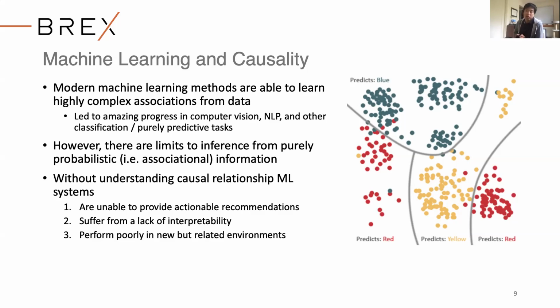And this is what's led to a lot of the amazing progress that we've seen in computer vision, NLP, and other purely predictive classification tasks. However, there are limits to inference from purely probabilistic or associational information. And I hope the examples I've given in the previous section demonstrate that without understanding causal relationships, there are certain limitations to what you can do from data, period.